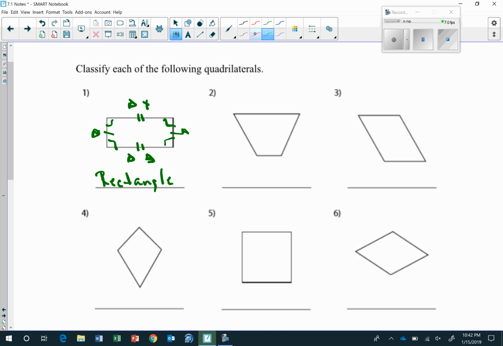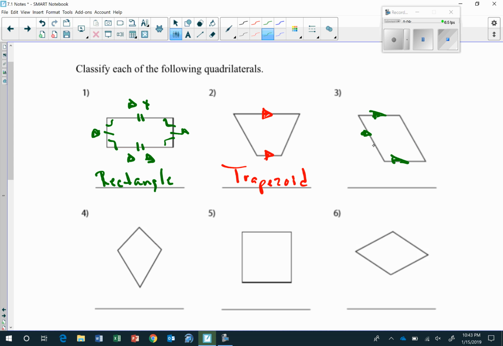If you look at number 2, I've got the top and the bottom being parallel to each other, but my sides would eventually intersect. So this is going to be a trapezoid. For number 3, the top and the bottom are parallel.